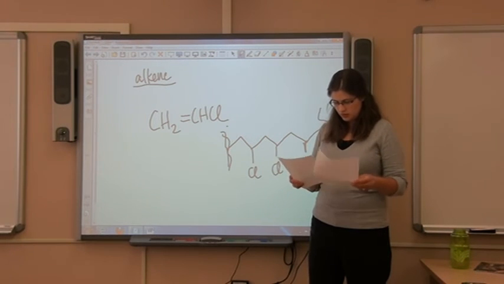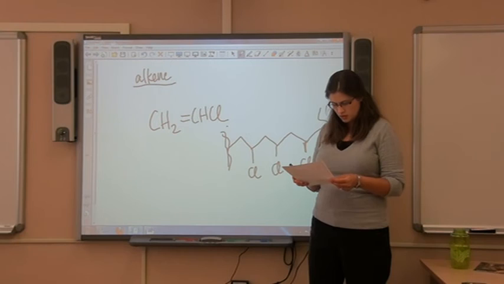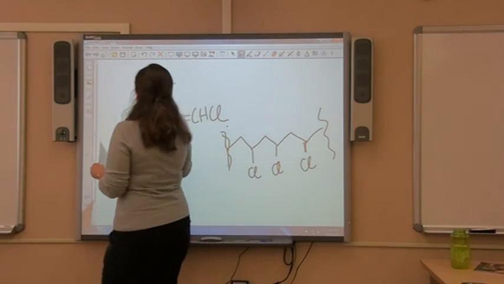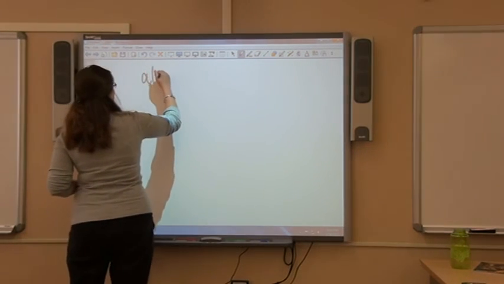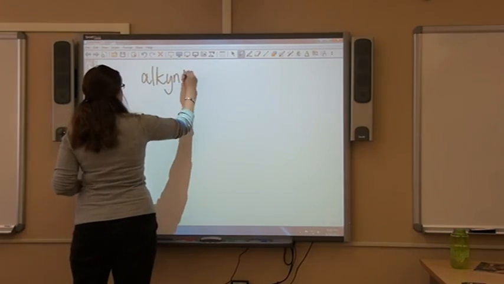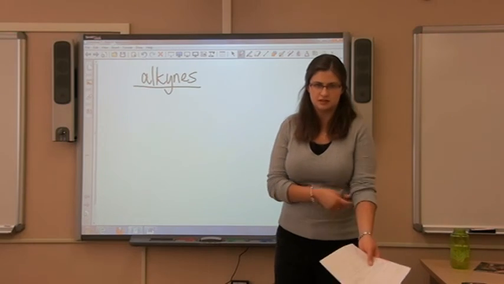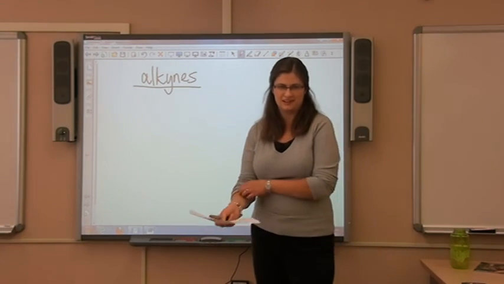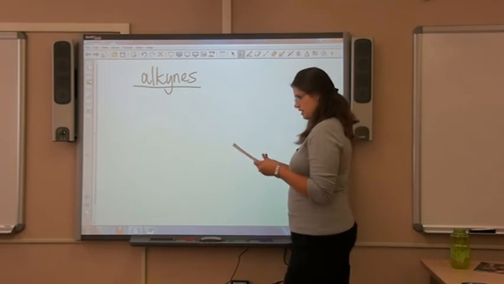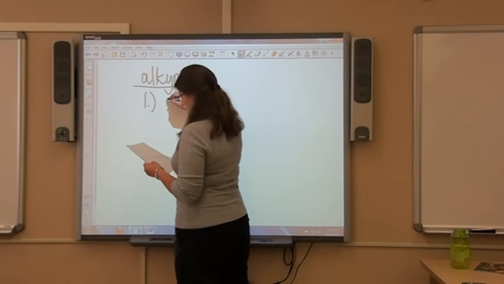And then I just wanted to share with you a couple of different interesting alkynes, just so that you have some sort of real life connection that you can make between these weird compounds that you have to learn how to name. Okay, so the first interesting alkyne is acetylene.